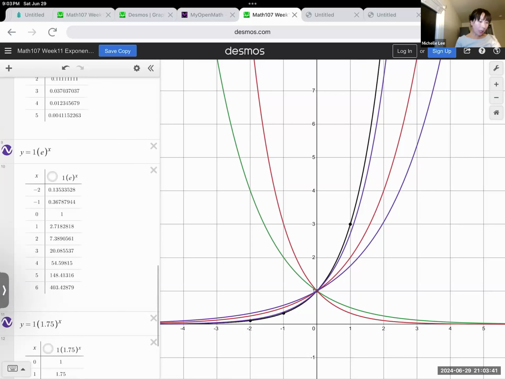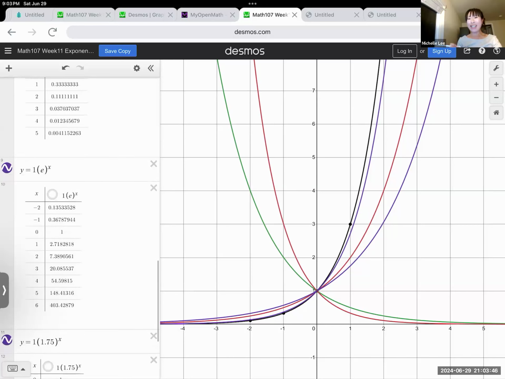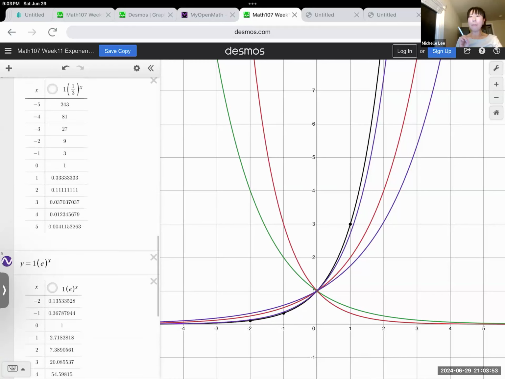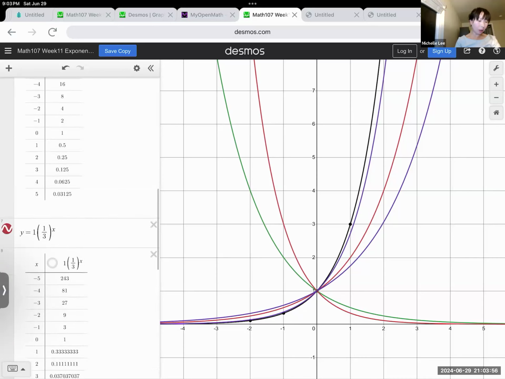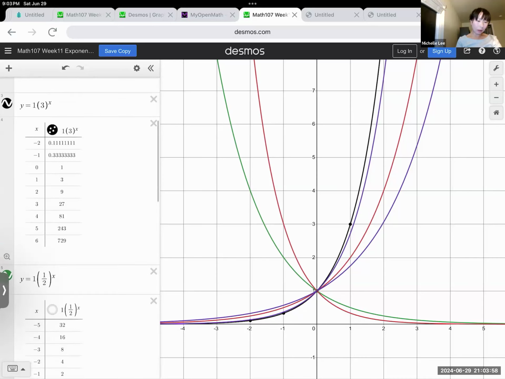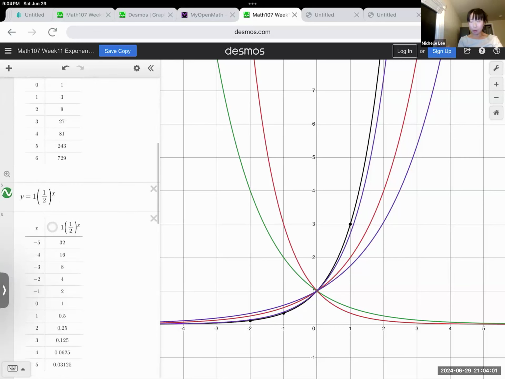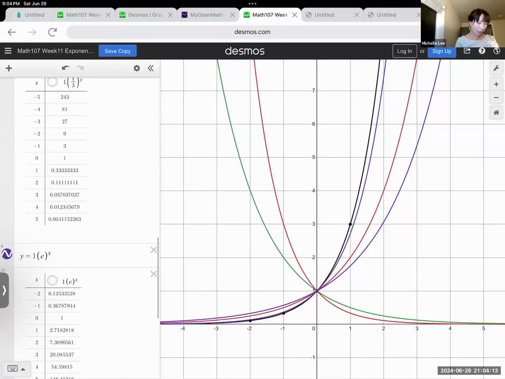So e is roughly 2.7. Then e is between 2 and 3, because we had base 2 earlier, the red one, and then the black one, which is base 3, 3 to the x power. Then this one must be base e. Can you see that?